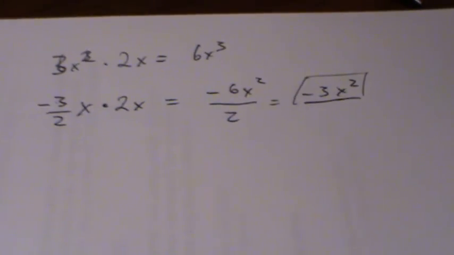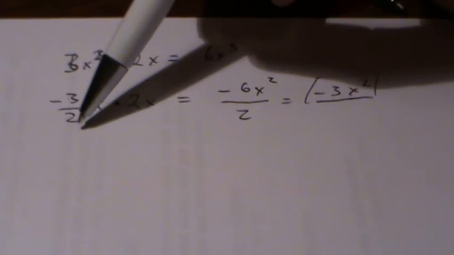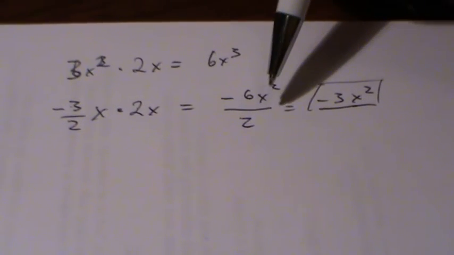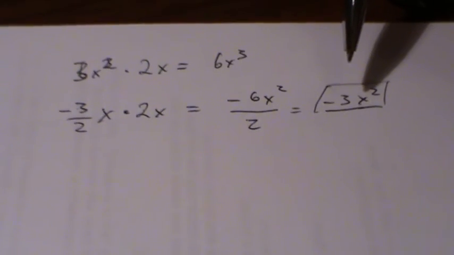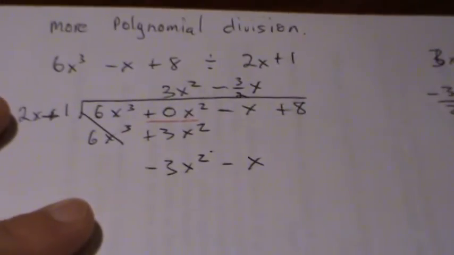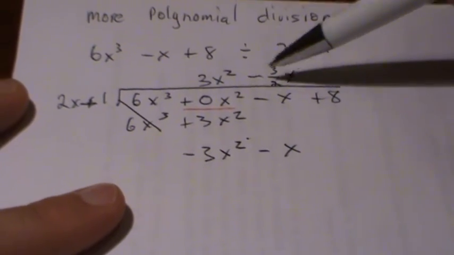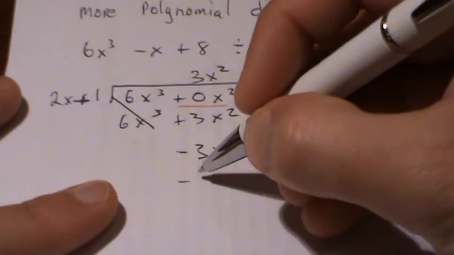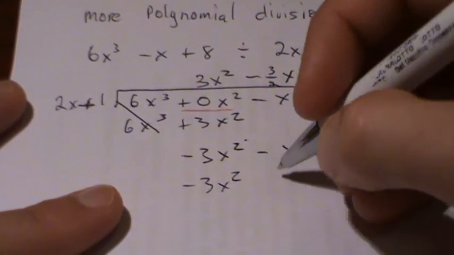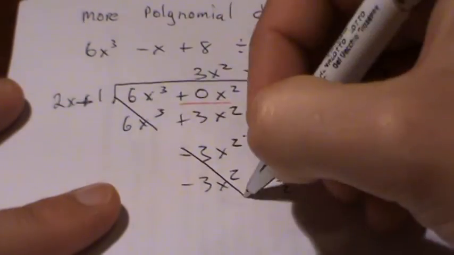Oops, I'm sorry, it happened over here. So let me go over that again. A negative this times that is this, which reduces down to a negative 3x squared. Okay, and so multiplying that times that I just showed you is a negative 3x squared. This times the 1 is a negative 3 halves x. These cancel.